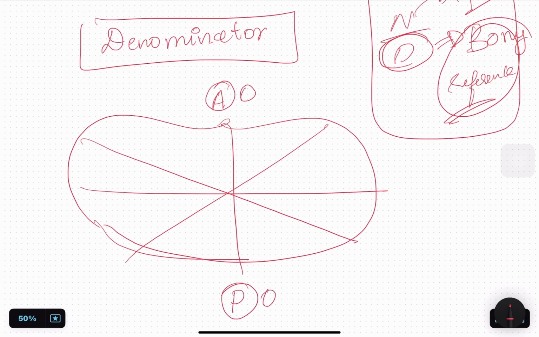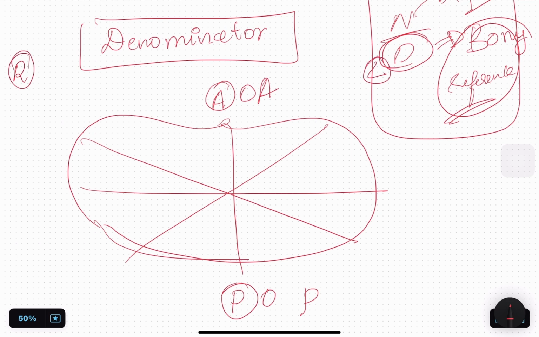Now based on angle, it can be anterior or transverse or posterior. Here it is anterior and here it is posterior. Clear. Now this is the right part, this is the left part.